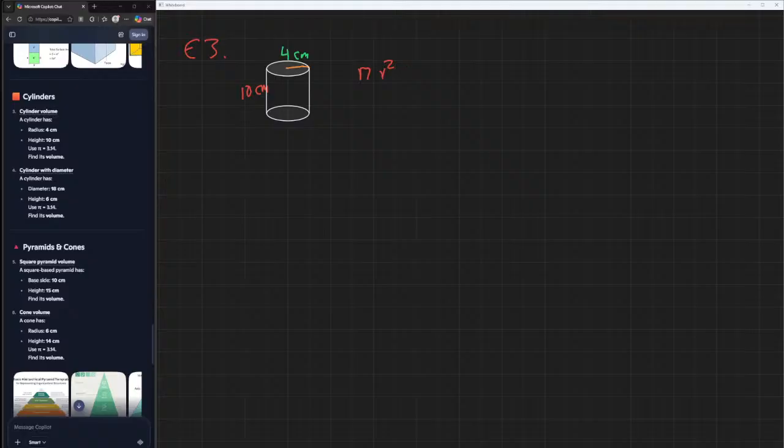Nah, pi r squared I think is this one times the height. So in this case it is 3.14 times radius 4 squared times the height, which is 10.